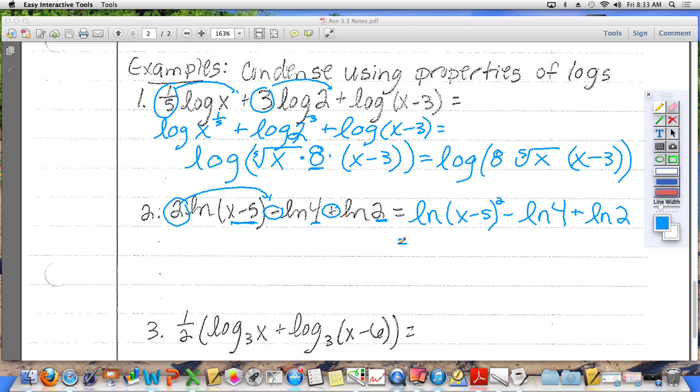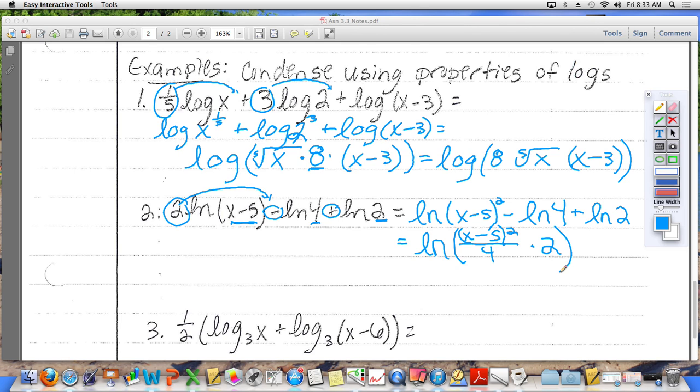Alright, now these two things, the x minus 5 squared and the 4, have to be divided. So we have the ln of x minus 5 squared divided by 4, and then that has to be multiplied by the last number, which is 2.